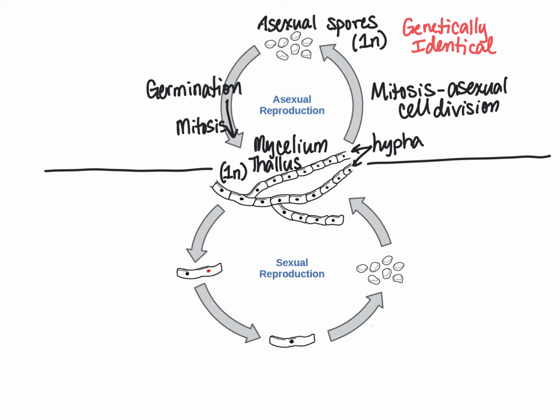Now, if we take a look at the sexual reproduction part of the diagram, we can see the 4 different events that happen during sexual reproduction. So let's start with this first arrow here. This arrow is representing plasmogamy, which remember stands for cytoplasm marriage.